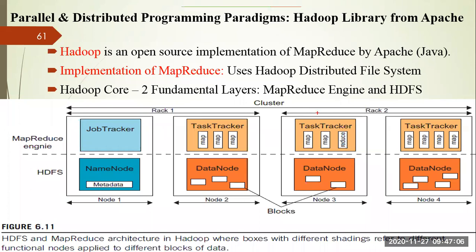The core of Hadoop has two fundamental layers. The first part is the MapReduce engine. The second part is HDFS, the Hadoop Distributed File System. Again, the same MapReduce concept is used: there is a map function, there is a reduce function, and we do the work. You will see detail in further slides.